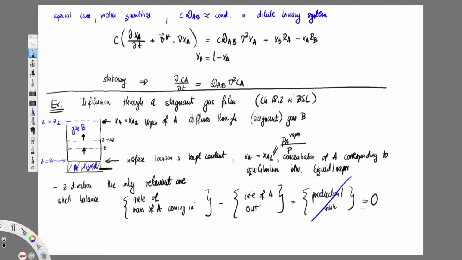So if I assume my cross-sectional area, which I normally refer to as A, but here I'm going to call S, then that area S times basically my NA, but only the component orthogonal to the surface coming into my shell. Which component is that?